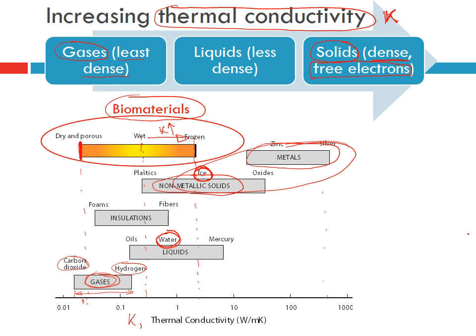So a frozen material would have higher thermal conductivity. So it's very useful to have this qualitative picture of where these thermal conductivity values stand. Once again, gases are the lowest and solids are the highest and liquids are in between.